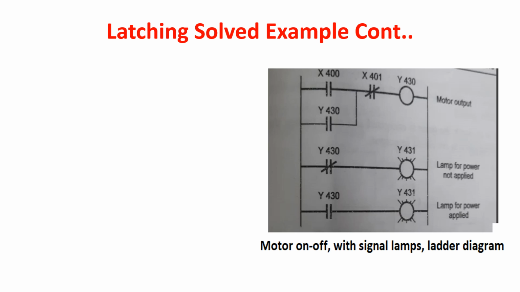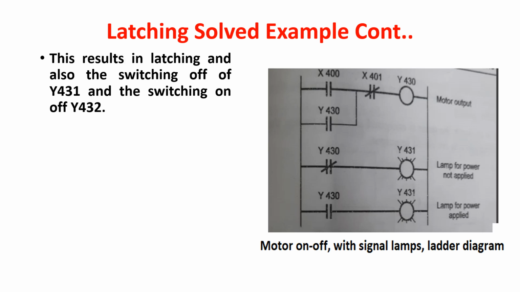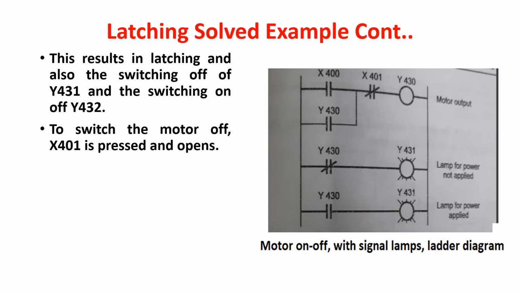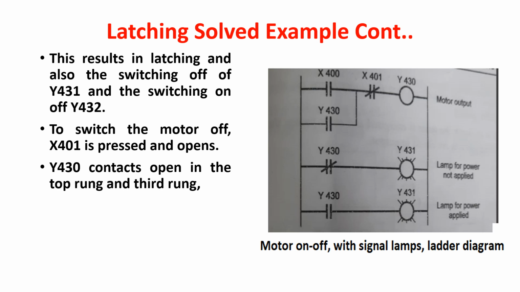To switch the motor off, X401 is pressed and opens. Y430 contacts open in the top rung and third rung, but closed in the second rung. Thus, Y431 comes on and Y432 is off.